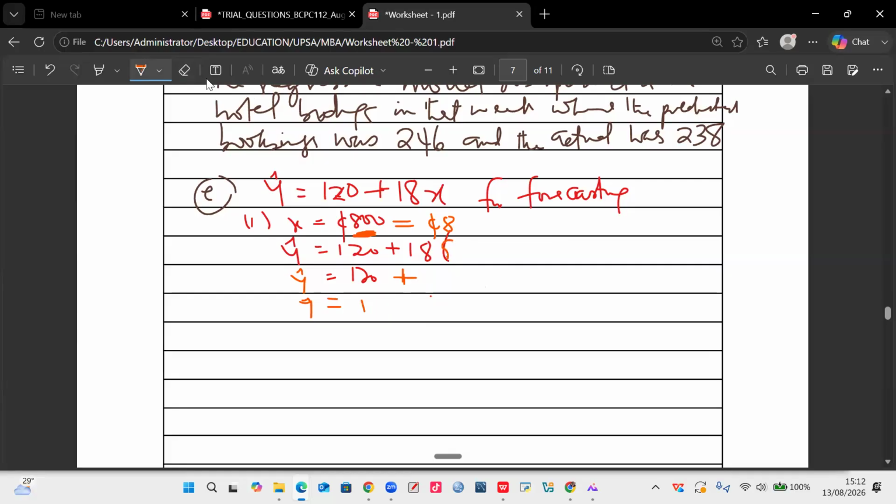So this is 8. This is what we have: 18 times 8 is 144. When you add 120, you get 264.